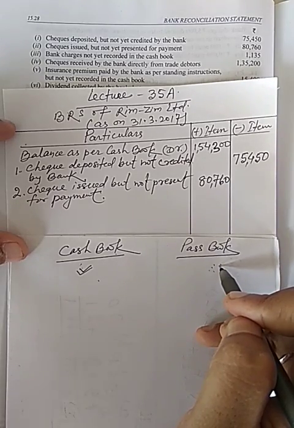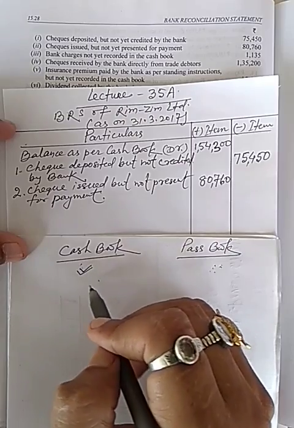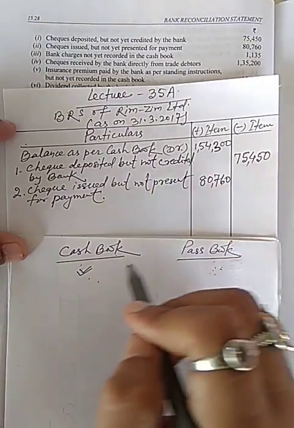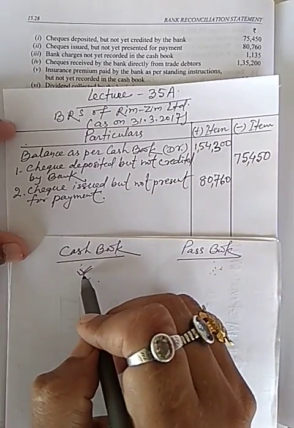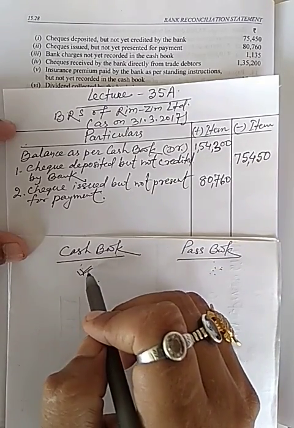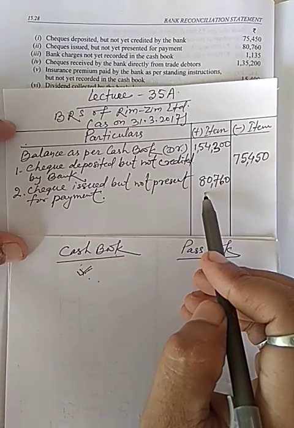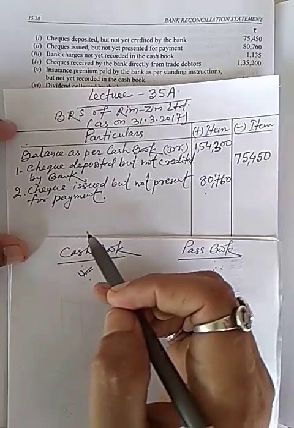So we have to add in cash book, then it will match equal. So when I add, therefore it will shift in plus item.